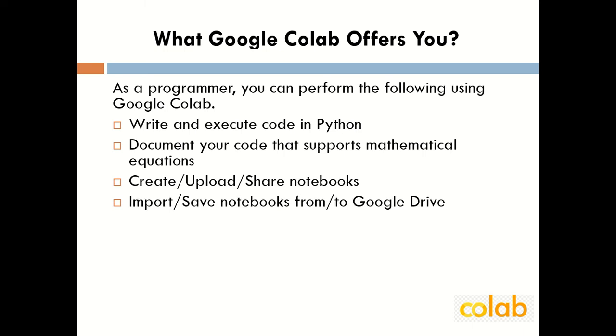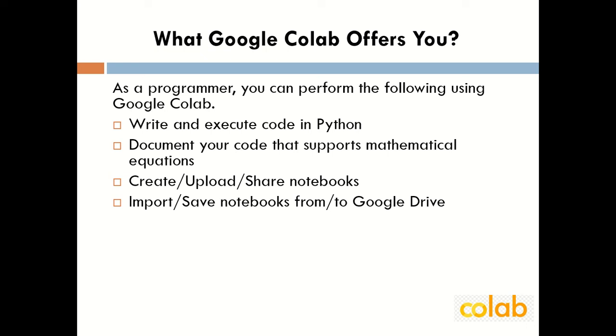In Google Colab, every file is to be noted as a notebook. So wherever we want to use it as a file, we will be calling it a notebook. You can import and save your notebooks from or to Google Drive. So whatever the file, if you want to use it, you will be saving it by default in your Google Drive, and whenever you want to use it in future, you can import it from your Google Drive.